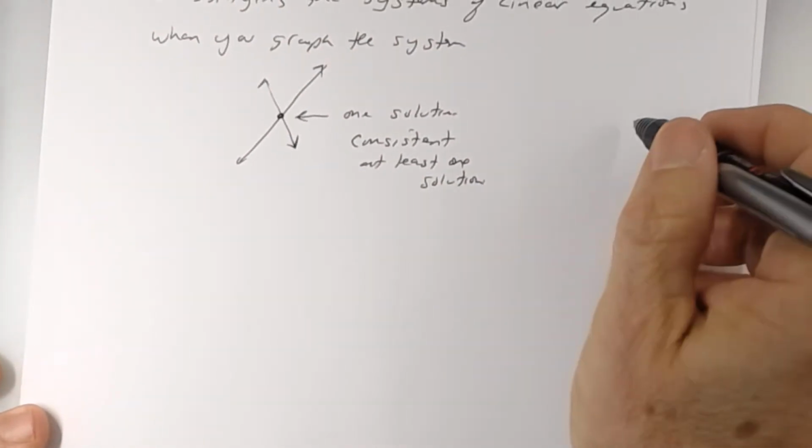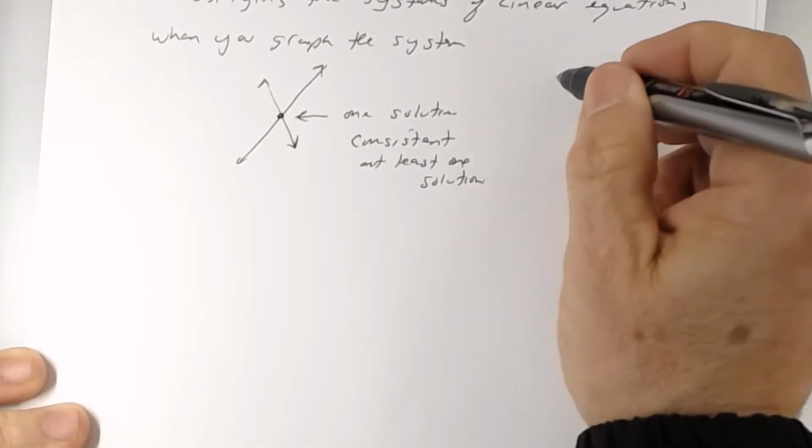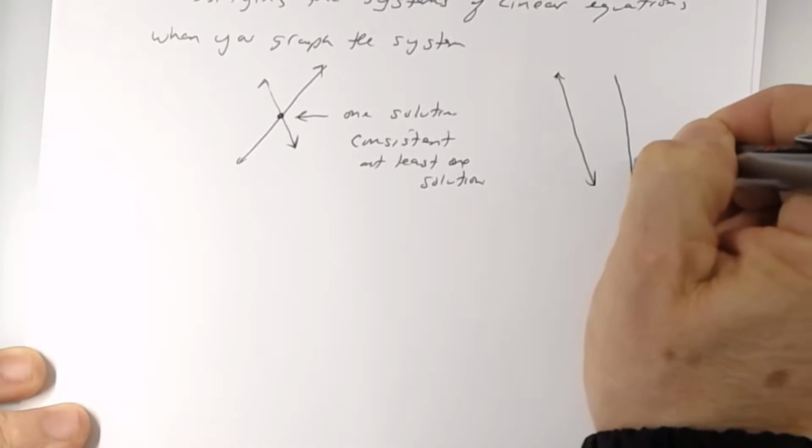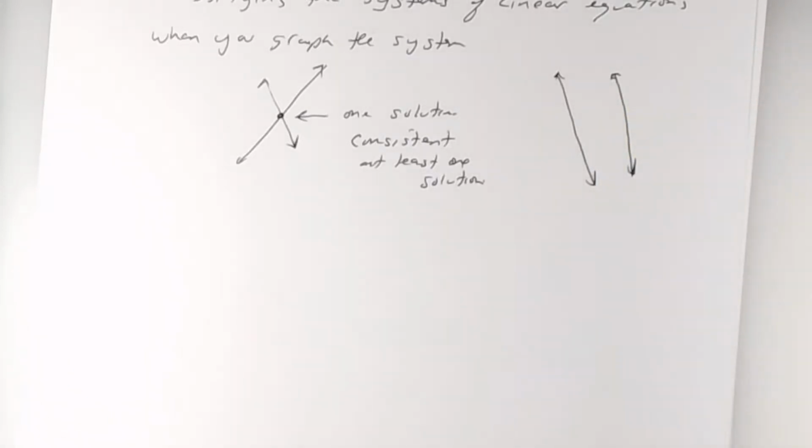When I graphed these, they could have ended up being like this as well. So your two lines could have looked like this, in which case they did not intersect. We haven't done one like this with the graphing, but if the graphs don't intersect, how many solutions are there? There aren't any.